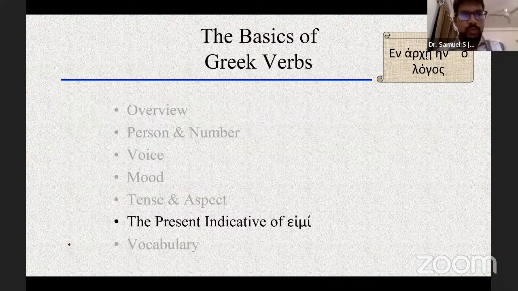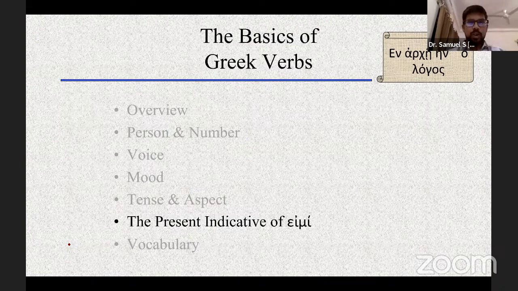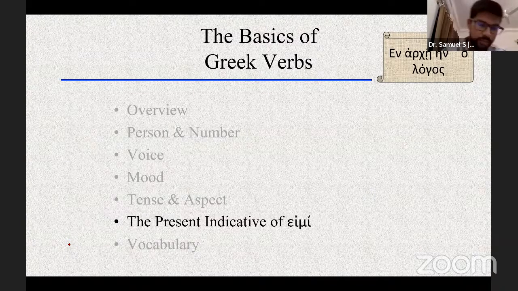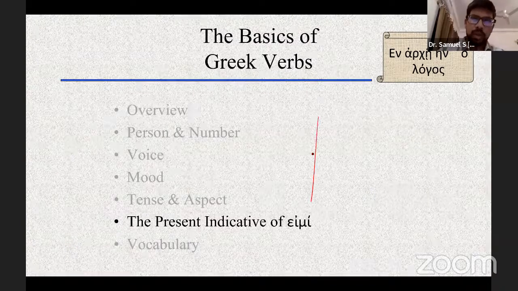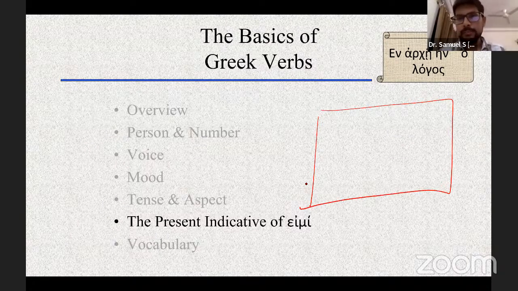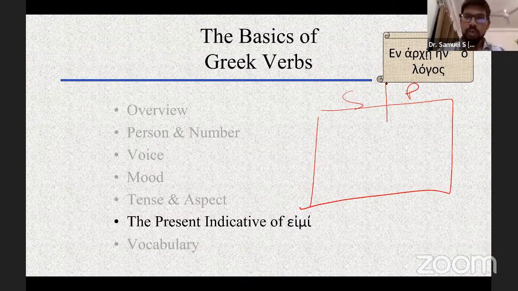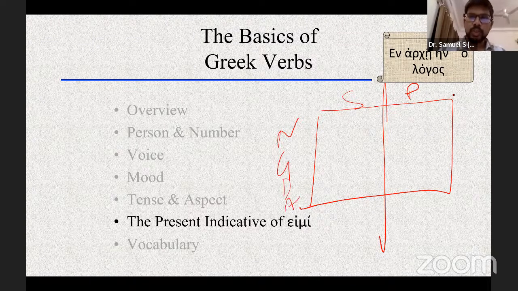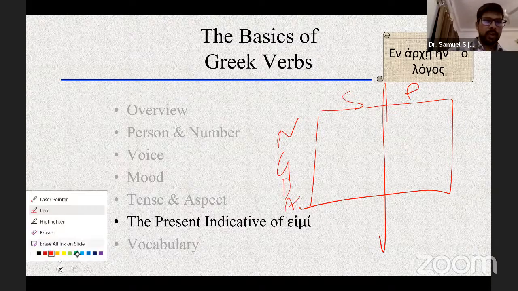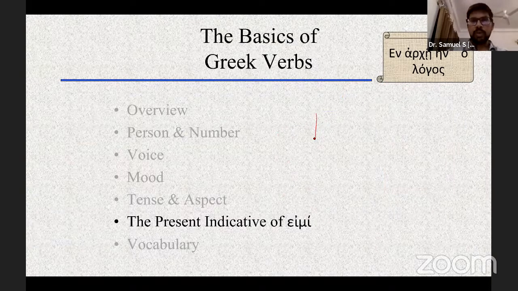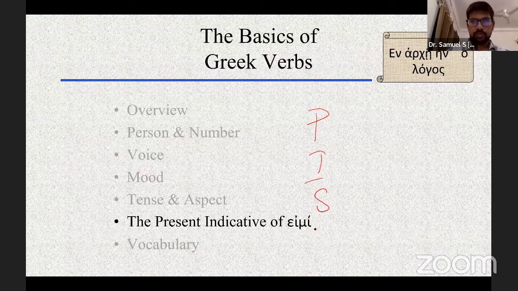Okay, now we're going to see the first paradigm, like how we saw the paradigm for nouns, both singular and plural, and four cases. Right? This was our paradigm for the nouns. Now, what will be our paradigm for the verbs is going to be person here: first person, second person, third person.